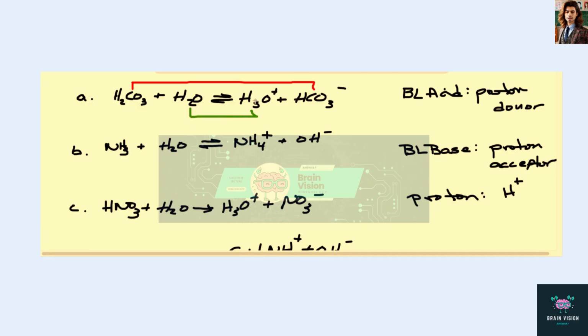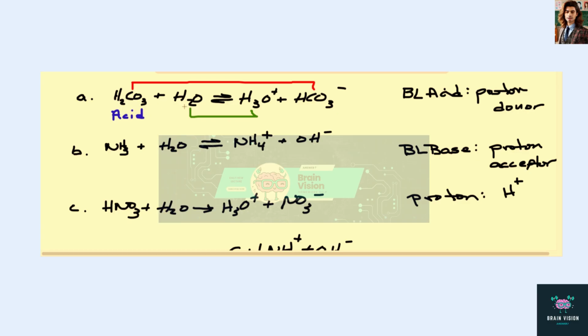Now, in these pairs, the acid is the substance that has the extra H. So between H2CO3 and HCO3 minus, there's an extra H on the carbonic acid. So this is the acid.